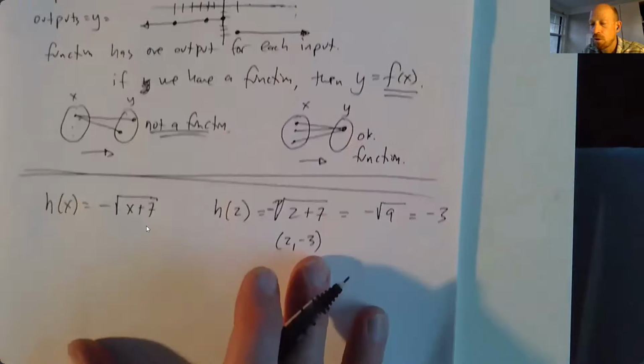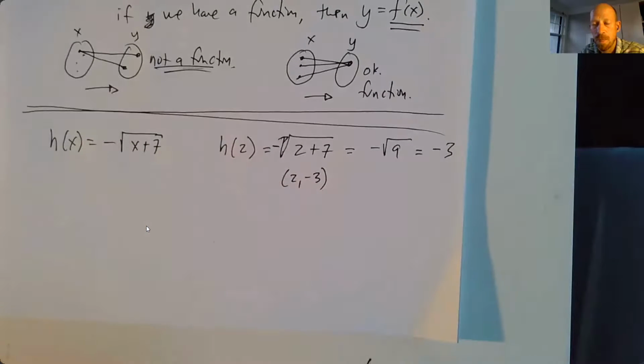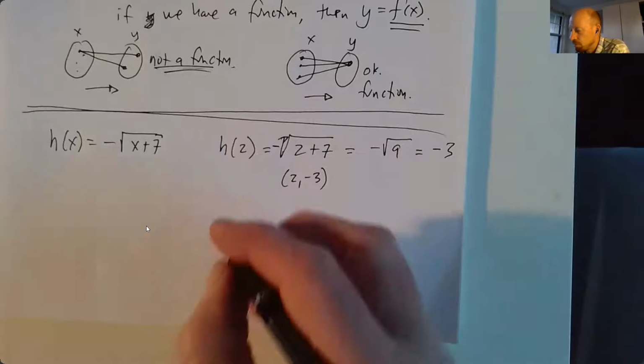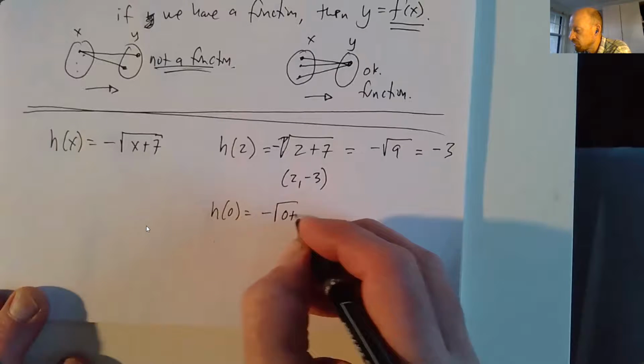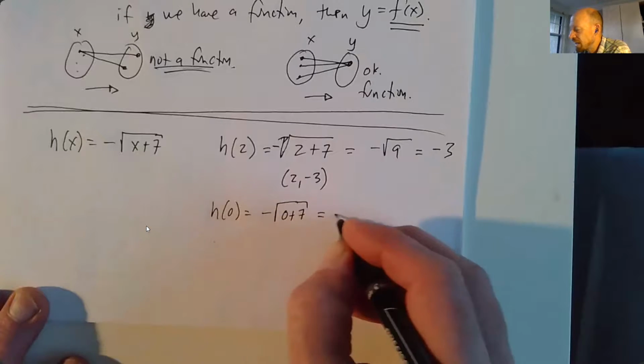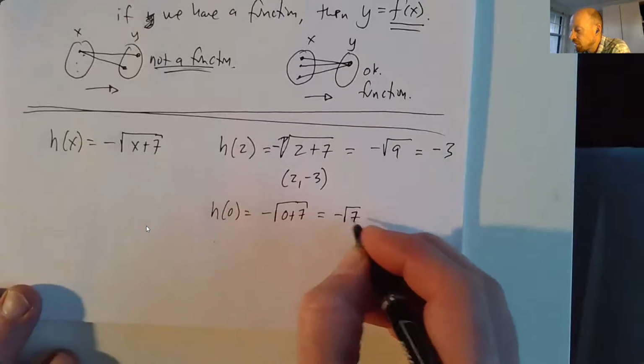Okay. And you did that method to find Y? Yeah, exactly. I pick an X, an input, and I put that into the function, and then the function tells me what the output is, which is the Y value. If I picked X equals 0, I'd get negative the square root of 0 plus 7, which is negative the square root of 7, and that's also a number.